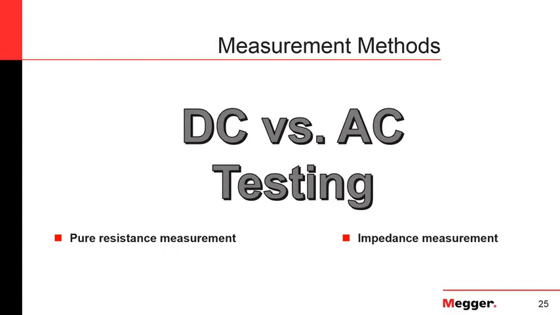This type of instrument is the one used in most of the low resistance applications, except the ones where we need to measure the impedance of the circuit. So in that case, an AC instrument should be used to include both the resistance and the reactance of the circuit. This type of AC test is used to measure the impedance of battery cells, for example.